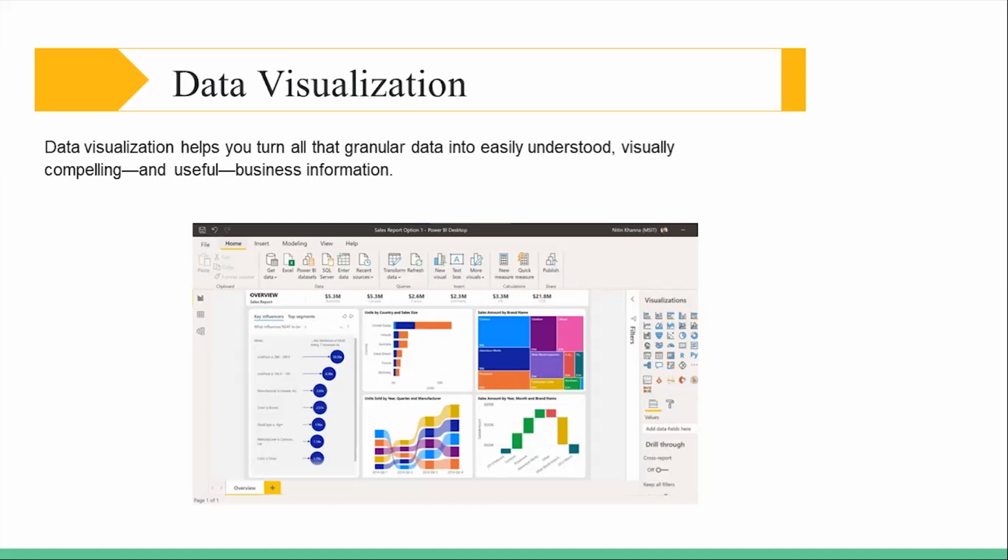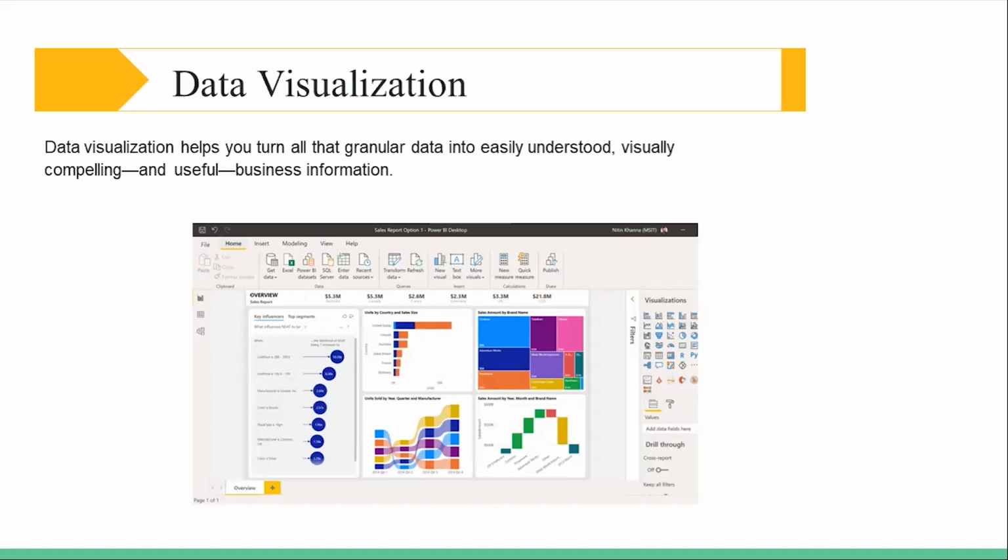Whenever you want to make data visually appealing, so that it looks convenient, you can study it at a granular level, understand it easily and visually, and compile useful business information, that is called data visualization. It helps you turn all the granular data into easily understandable, visually compelling and useful business information.